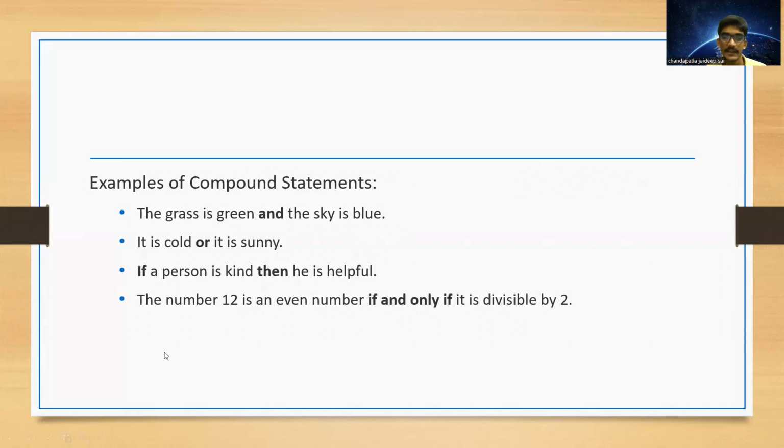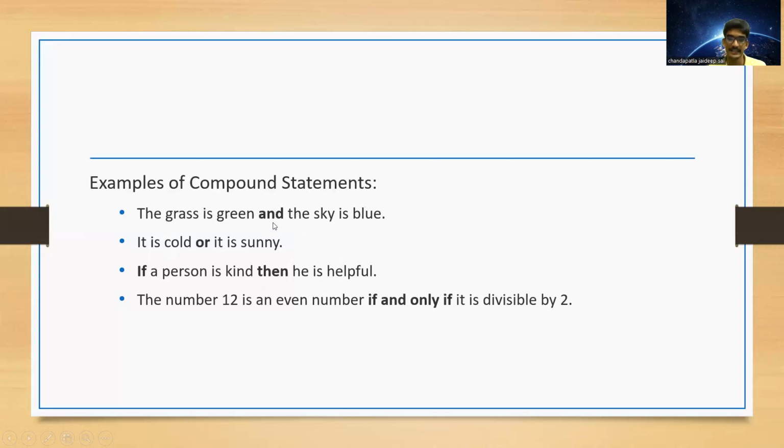Here one statement is the grass is green, and another statement is the sky is blue. These two are connected using the connective, which is and.